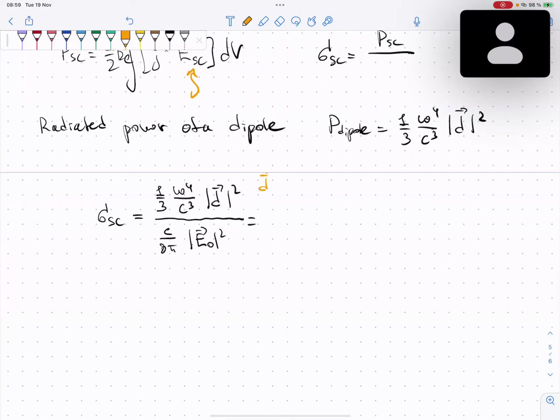Here the dipole moment is alpha E0 exponent minus i omega t.